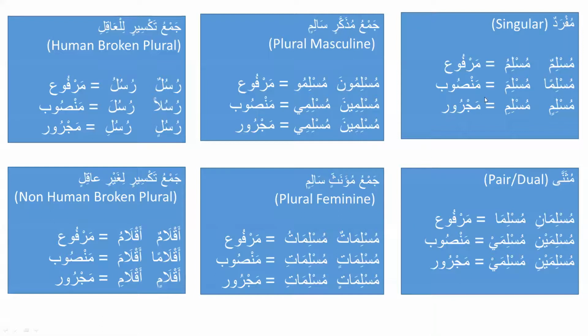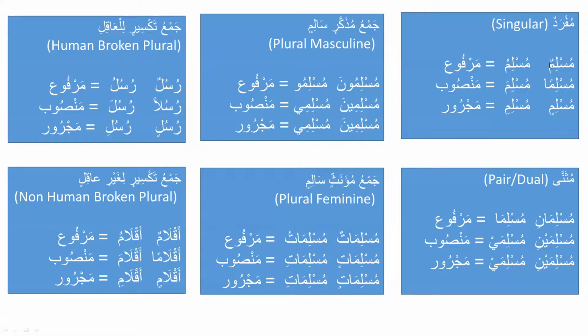Now let's quickly go to this. This is what I was talking about when I said I will share with you an example of how the ending sounds can be determined. So, for instance, in the case of singular, we have heavy and light. Okay, Muslimun, Muslimu. They are both marfu.